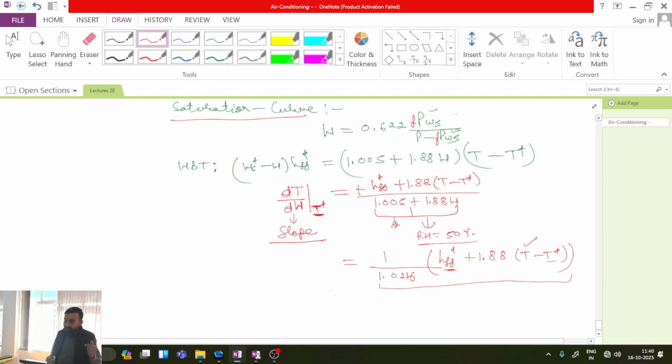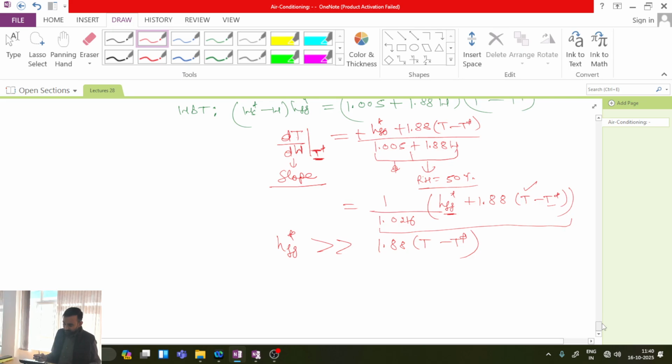But one important point is HFG star is very large in comparison to 1.88 into T minus T star. So if HFG star is very large in comparison to this value, I can remove it and simply say that my slope for the constant wet bulb temperature line is simply HFG star by 1.0216.